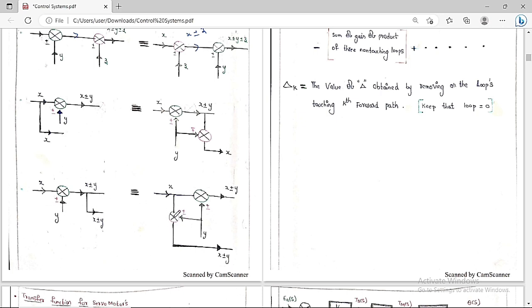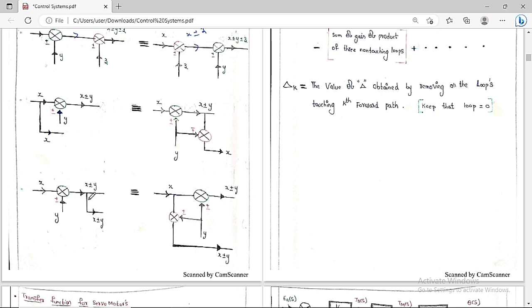You have to take another summing point and add this value here also. The input is x, the other input is plus or minus y. So the overall output is x plus or minus y. In both ways we are going to get the same.